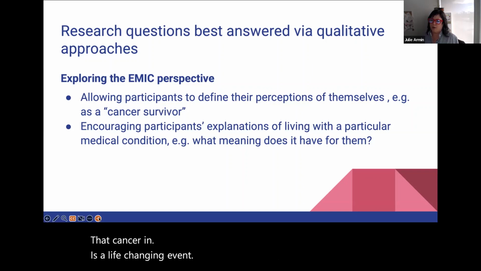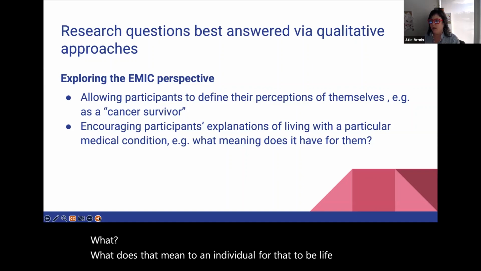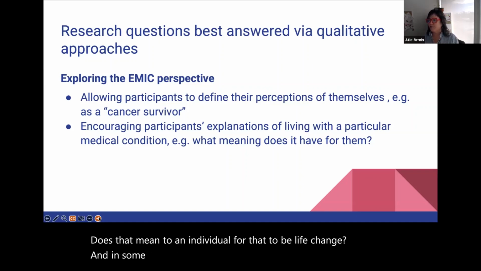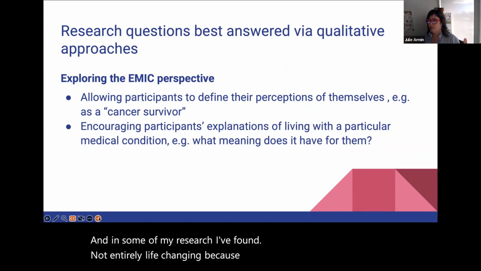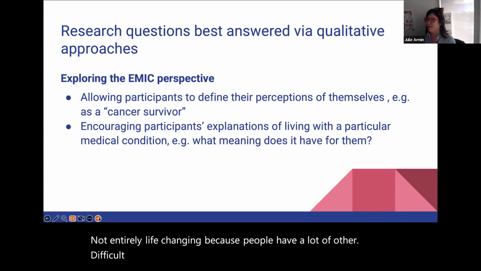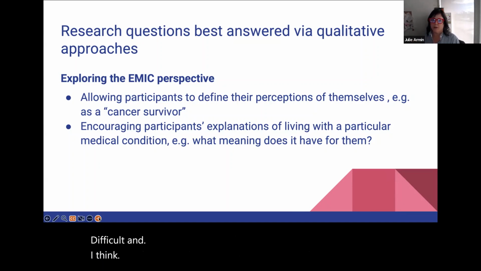And so, what does that mean to an individual for that to be life-changing? In some of my research, I've found that it's not entirely life-changing because people have a lot of other issues in their lives that are difficult. And so I think it's really important to understand the EMIC perspective.